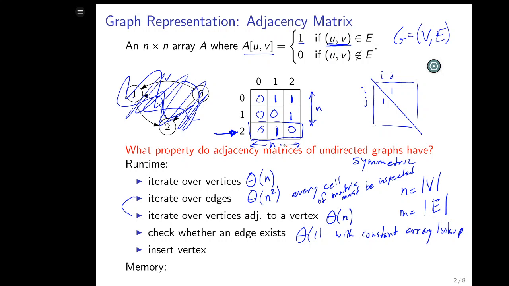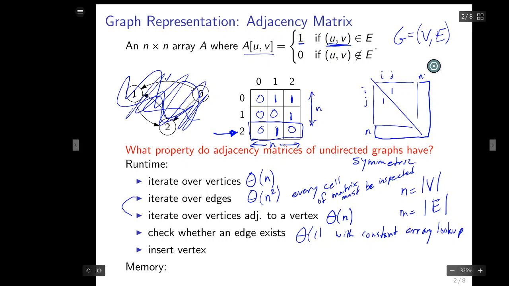Okay. Inserting a vertex. That's what you have to do, right? If you want to insert a vertex, you have to add a new row and a new column, and you have to call it vertex n. Now you have 0 through n.